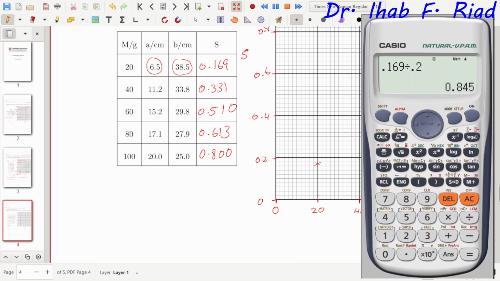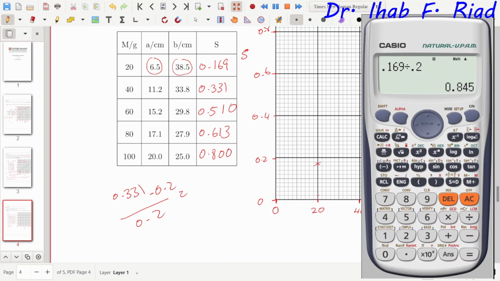Now for the next point, it is 40 and 0.331, and we know it is between over here. The closest scale mark is 0.2. From where are we going to get this 0.2?